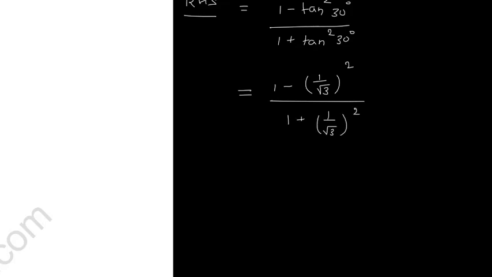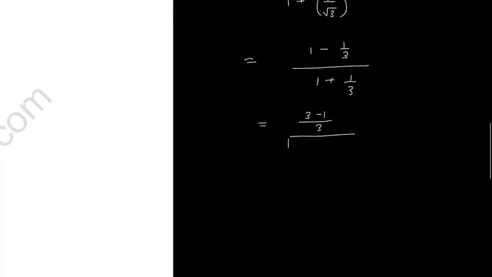So this gives me 1 minus 1 upon 3 whole divided by 1 plus 1 upon 3, and here I will get 3 minus 1 upon 3 whole divided by 3 plus 1 upon 3. So 3 minus 1 is 2, 2 upon 3, and 3 plus 1 is 4, 4 upon 3. Now this denominator 3 will cancel, and I have 2 divided by 4. Now the value of 2 divided by 4 is 1 divided by 2.